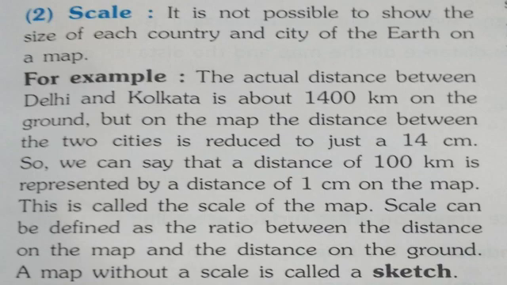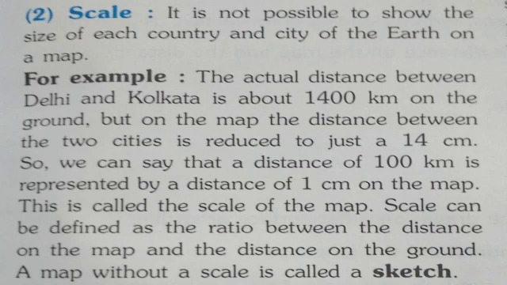For example, the actual distance between Delhi and Kolkata is about 1400 km on the ground. But on the map, the distance between the two cities is reduced to just 14 centimeters. If we have to show the distance between Delhi and Kolkata, that is 1400 km, on a map, we will show that in 14 centimeters.